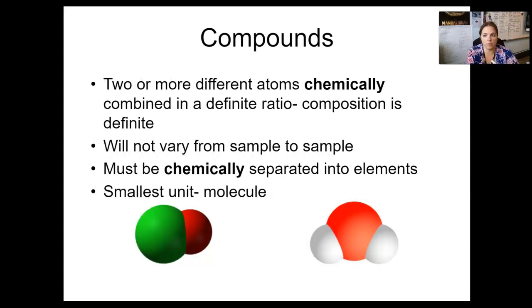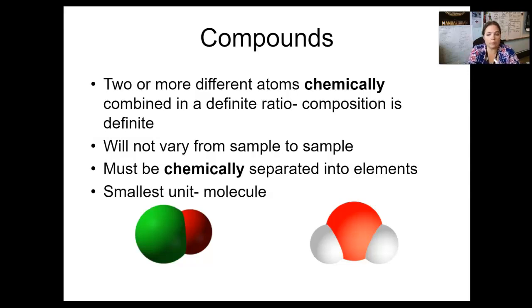Okay, so compounds. Compounds are two or more different atoms chemically, not physically, chemically combined in a definite ratio, which means the composition is definite. There is a certain number of this and there's a certain number of this. That is the definite ratio. Okay?